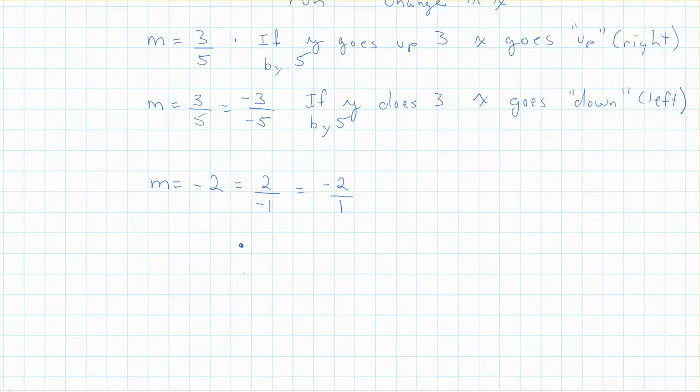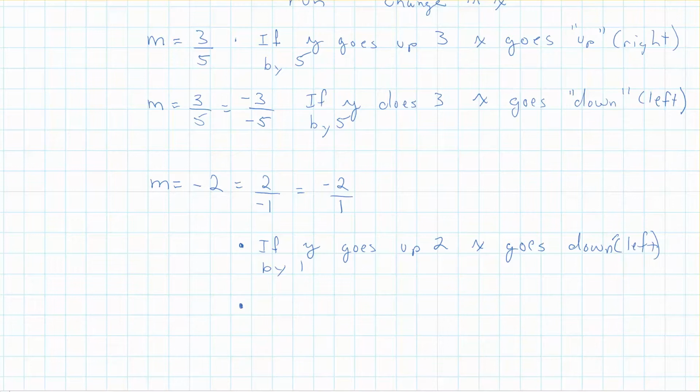Now, there's basically two different interpretations. You'll get the same graph, but if we look at this first one here, this would say if y goes up 2, x goes down, which again means we're going to the left by 1.